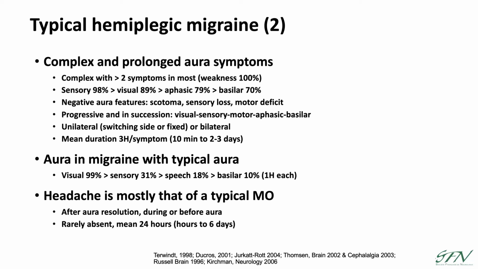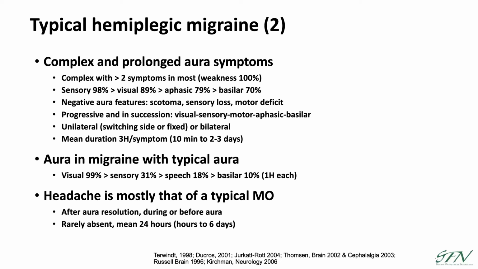The mean duration of the aura is 3 hours per symptom, but this is also highly variable from 10 minutes with short auras up to 2 to 3 days.